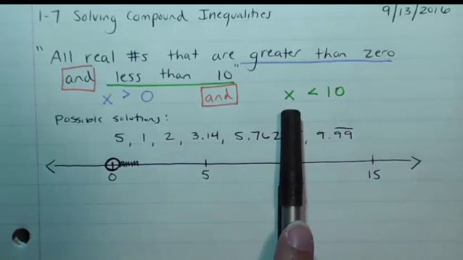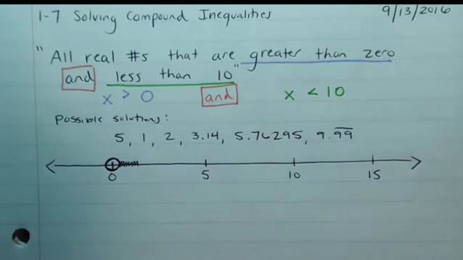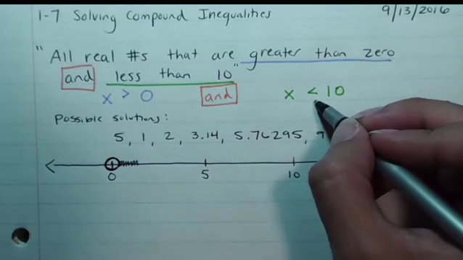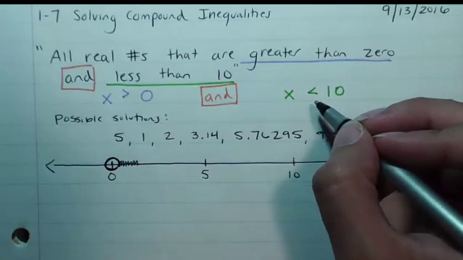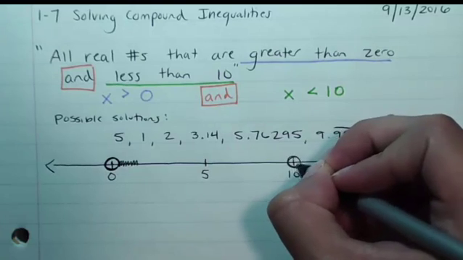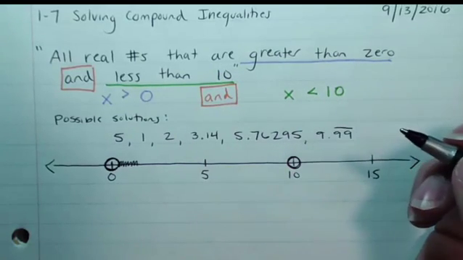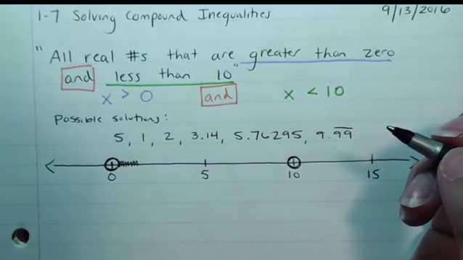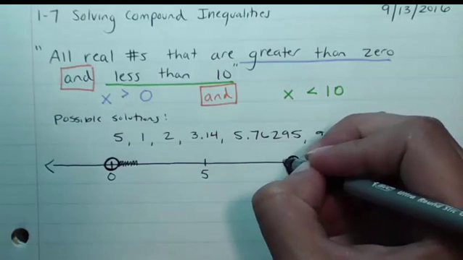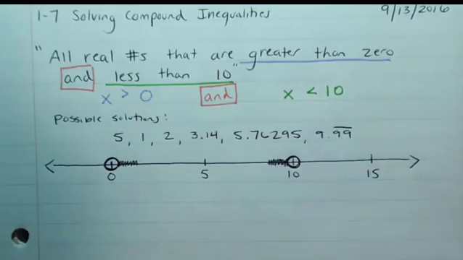Now let's do the next one. X has to be less than 10. So again, open or closed circle? This is an open circle. And if x is less than 10, which way am I going to be shading? It's going to be shaded this way.